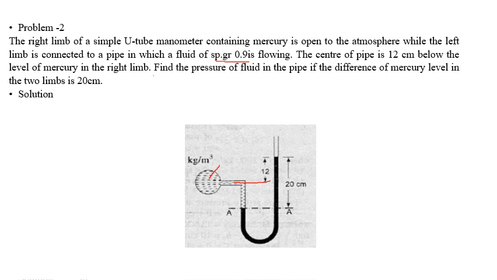Here I want to find out the pressure of the fluid that is flowing through the pipe, if the difference of mercury level in the two limbs is 20 centimeter. So the difference between the mercury levels in the right limb and left limb is 20 centimeter. With respect to that, A is taken as a reference line or datum line.